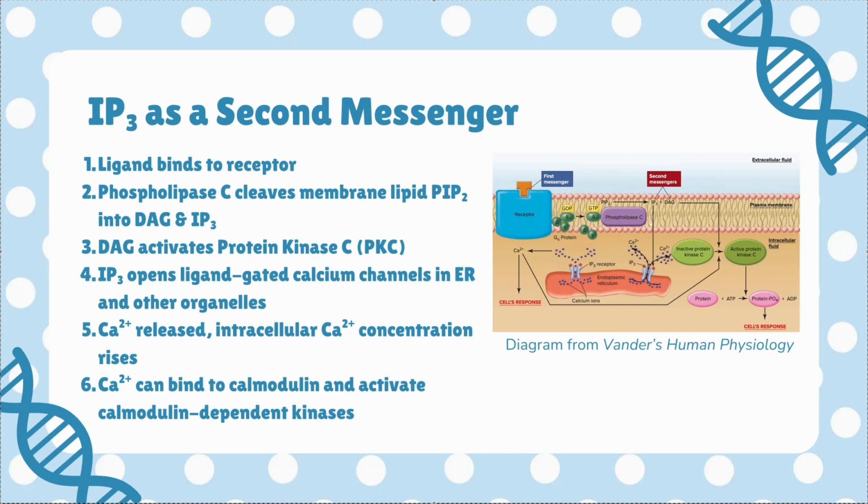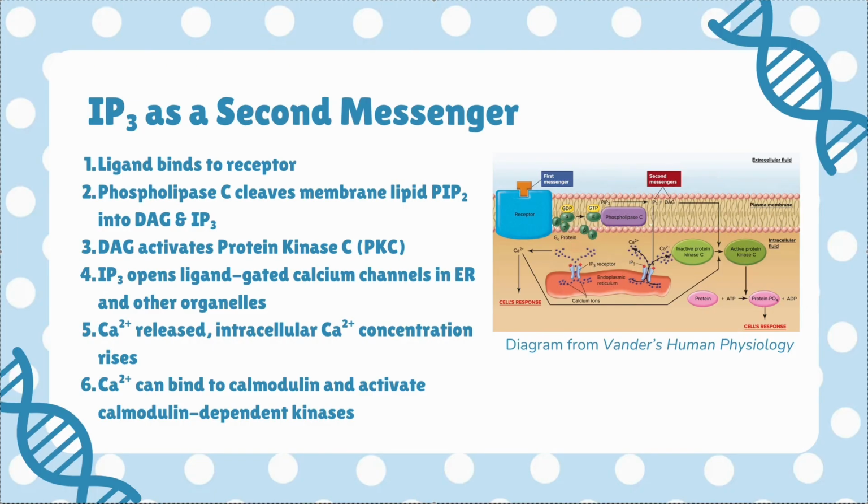Okay, so IP3 as a second messenger. IP3 stands for inositol triphosphate. So like the cyclic AMP pathway and many other pathways, the ligand first binds the receptor, that's the signal reception. And phospholipase C cleaves membrane lipid PIP2. I forgot what it stands for, but it's a membrane lipid.